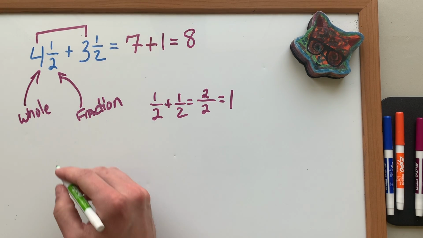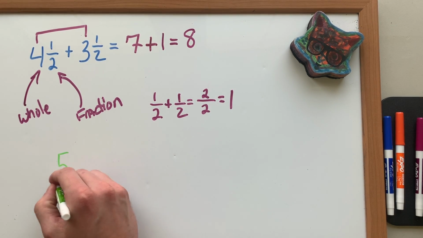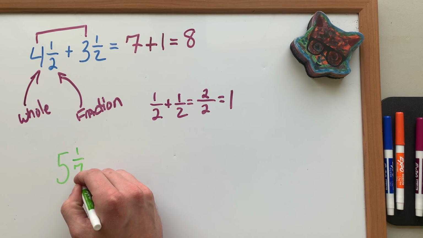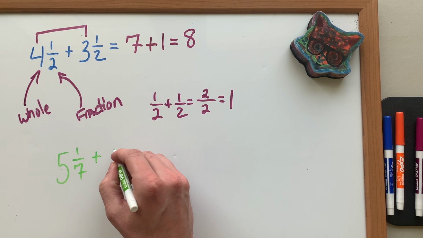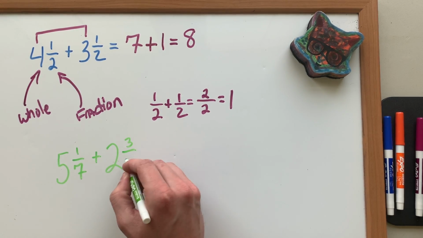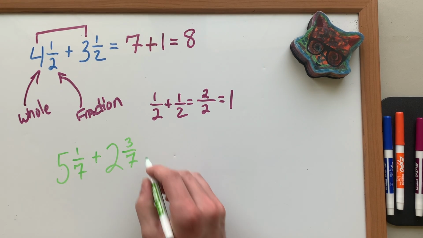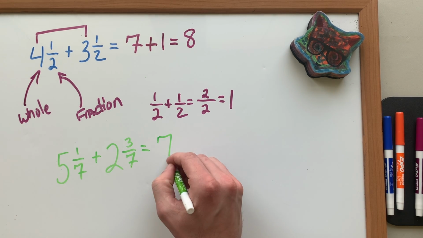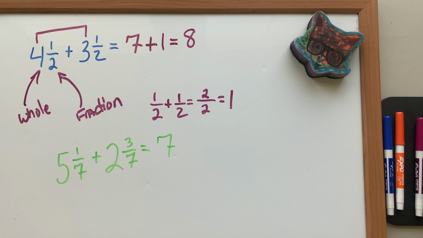Let's try another example where the fraction parts don't make a whole. What if I add 5 and 1/7 plus 2 and 3/7? Again, I'm going to take the whole parts of my mixed numbers and add them together. 5 plus 2 is 7.